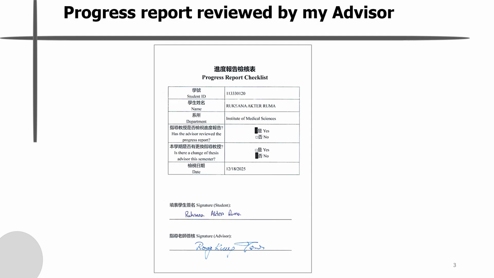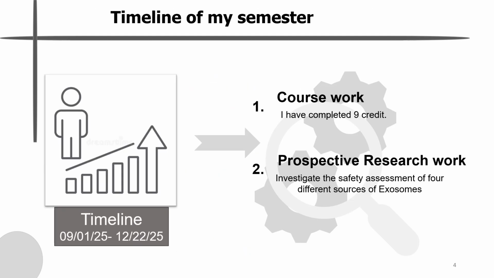My progress report has been reviewed by my advisor, and I have received valuable guidance regarding my research direction and further experimental work. This semester covers the period from September 1, 2025 to December 22, 2025.